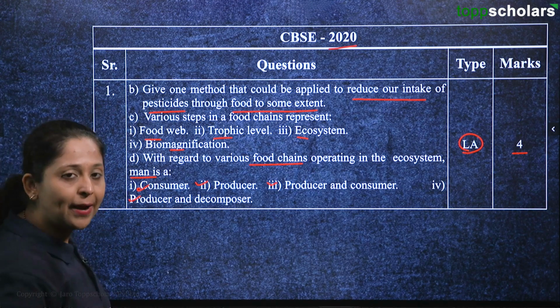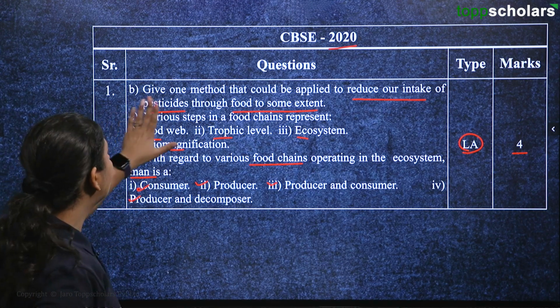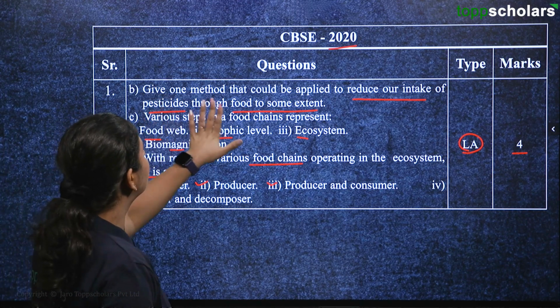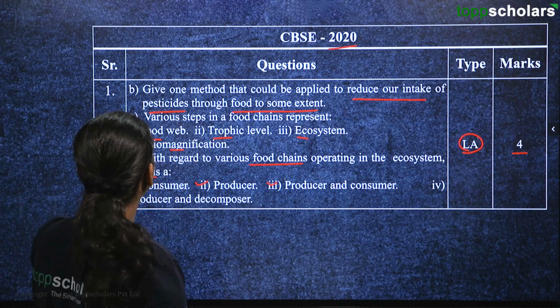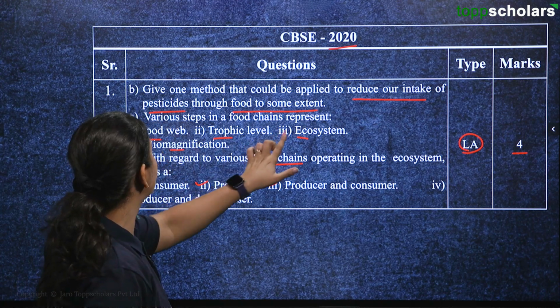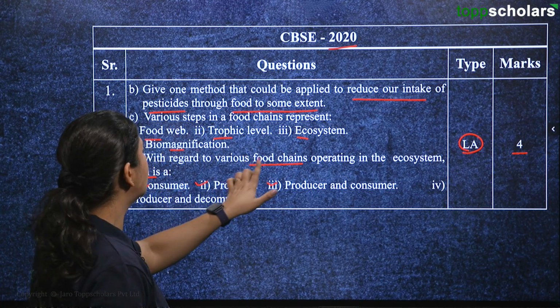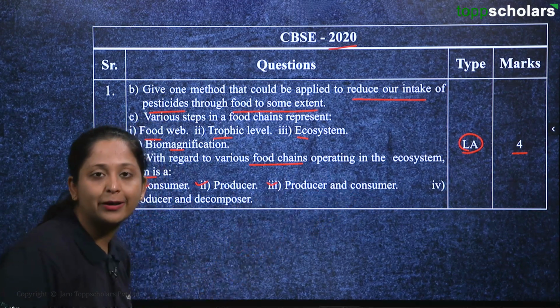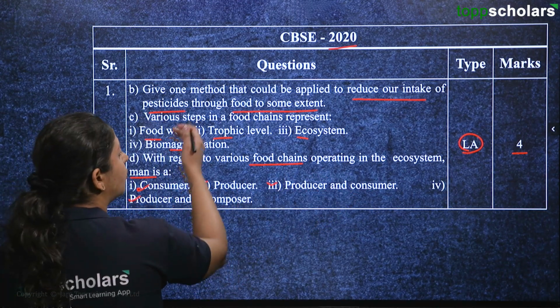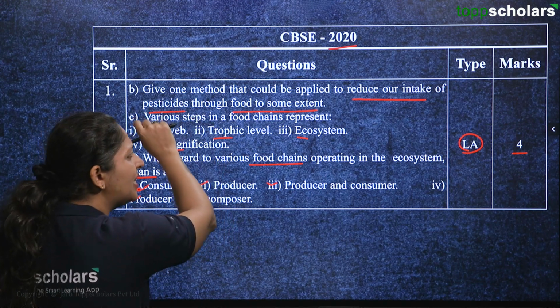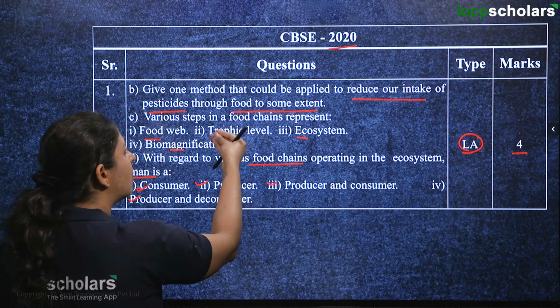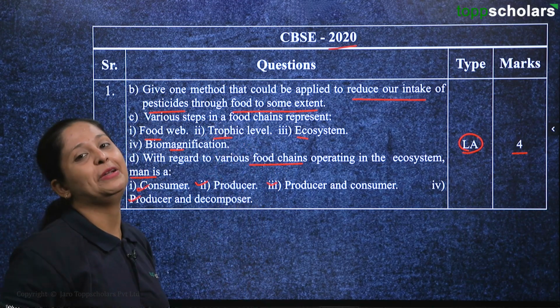So, depending only upon that paragraph, you have to answer the following questions. You have to determine one method which you can apply here, and the various steps in the food chain. And with regard to various food chains operating in the ecosystem, man belongs to which particular level. These are very simple individual questions, like objective type questions just combined together.